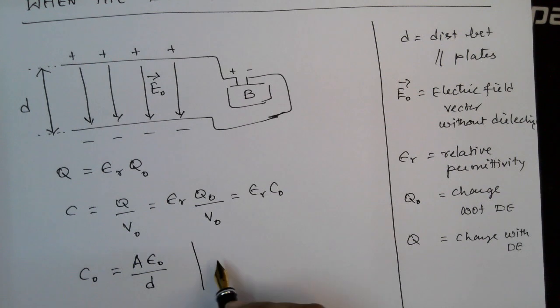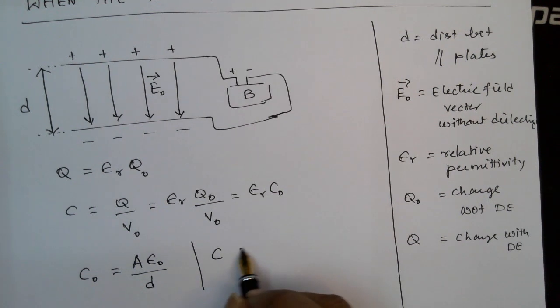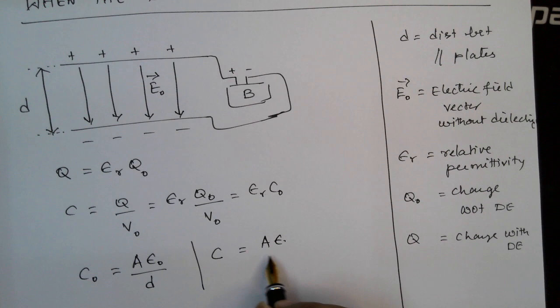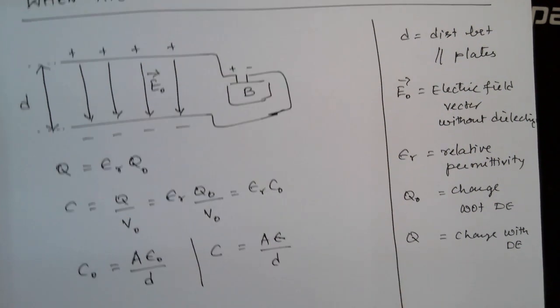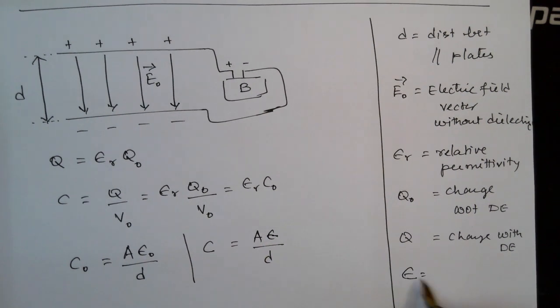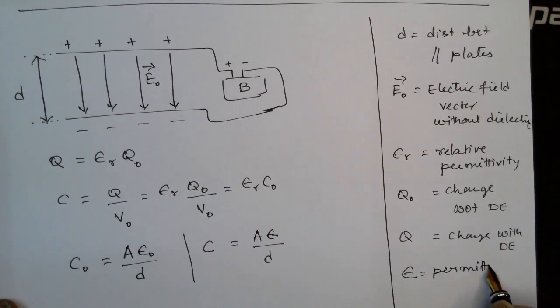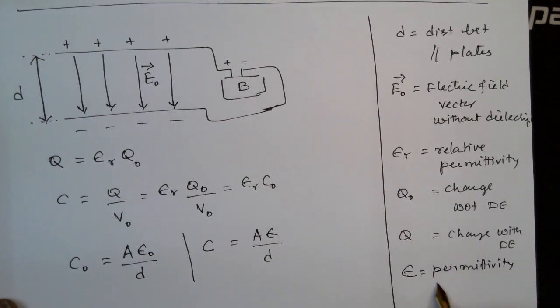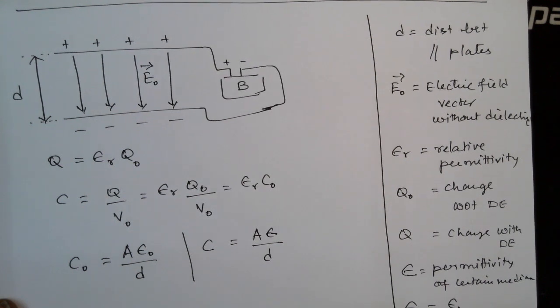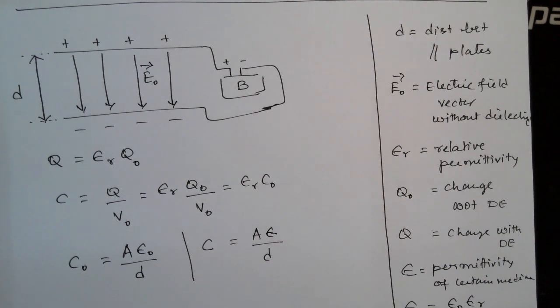And for capacitance with the dielectric, A epsilon divided by d, where epsilon is equal to permittivity of a certain medium. So this epsilon is also given as epsilon naught into epsilon r.